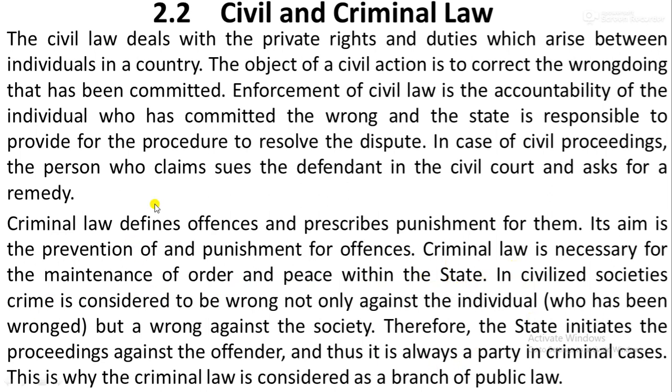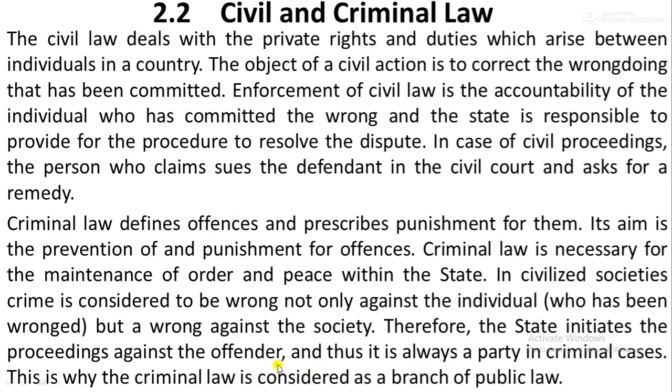In civilized society, crime is considered to be wrong, not only against the individual who has been wronged, but wrong against the society. In civilized society, crime is considered not only wrong against the individual, but wrong against the state or society.